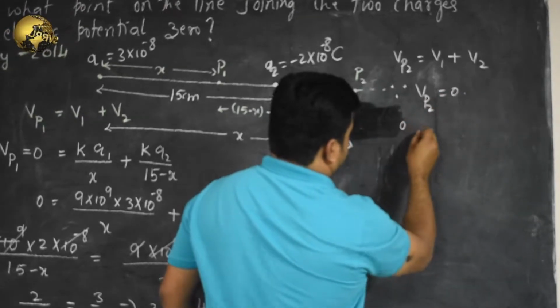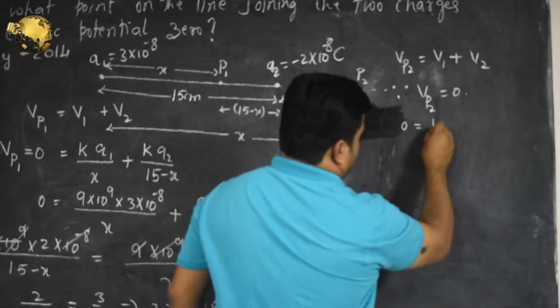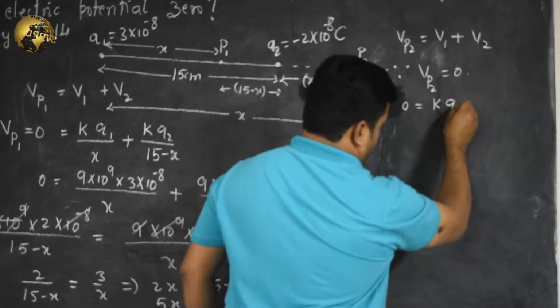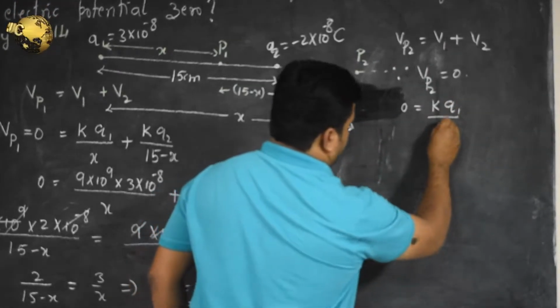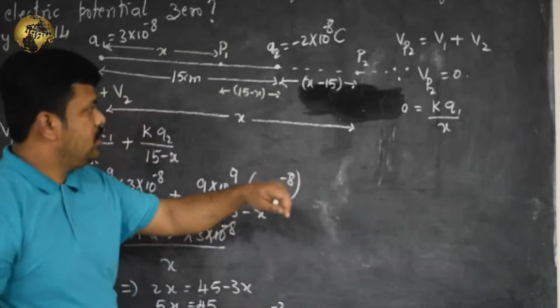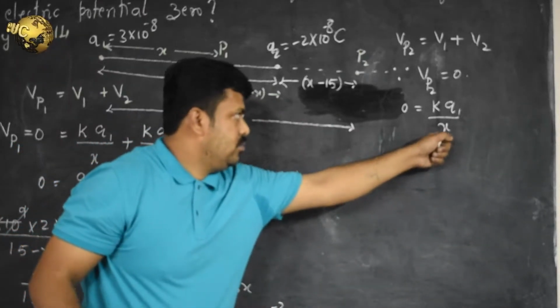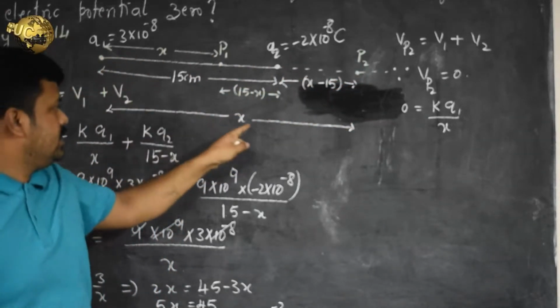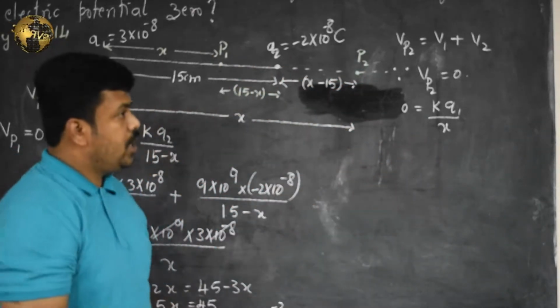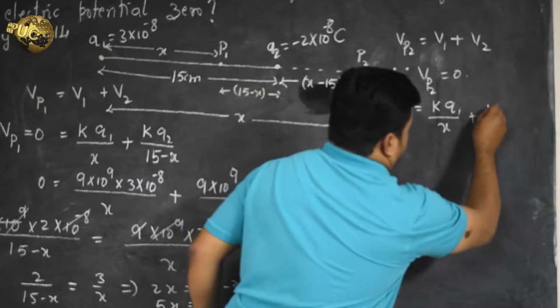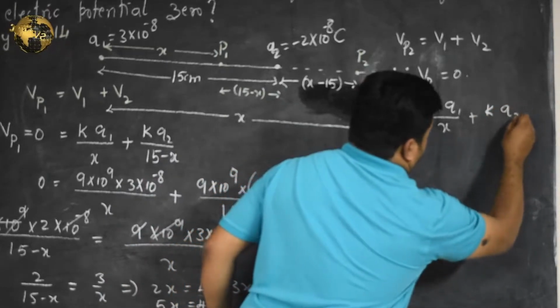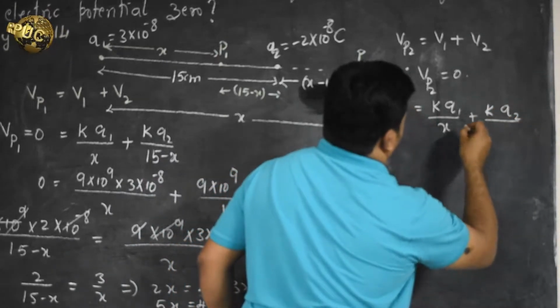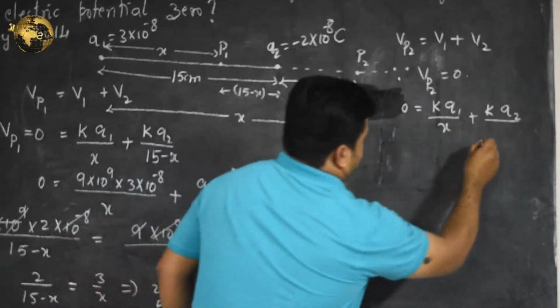Then I get 0 is equal to V1, that is k Q1 divided by x, since P2 is at a distance x from Q1, that's why I am writing here, plus k Q2 divided by x minus 15.